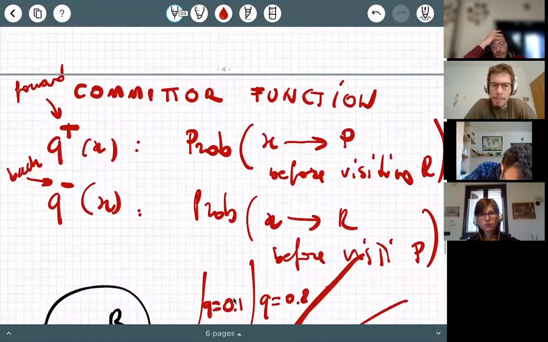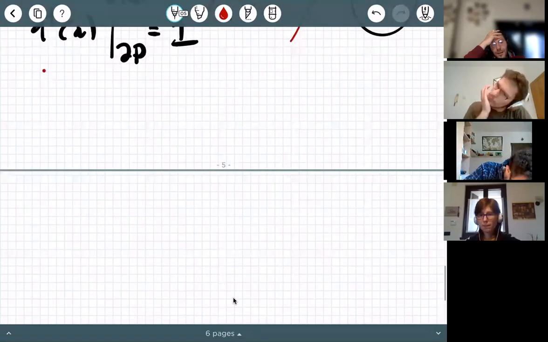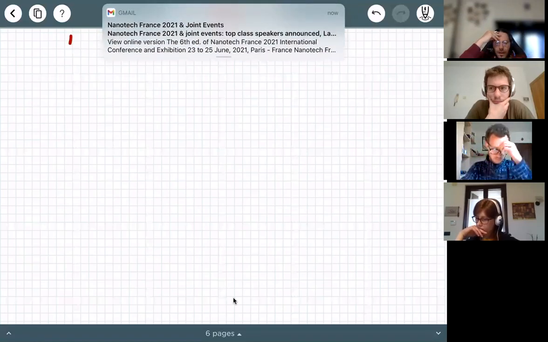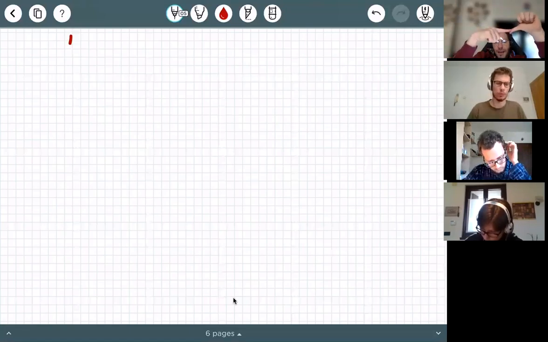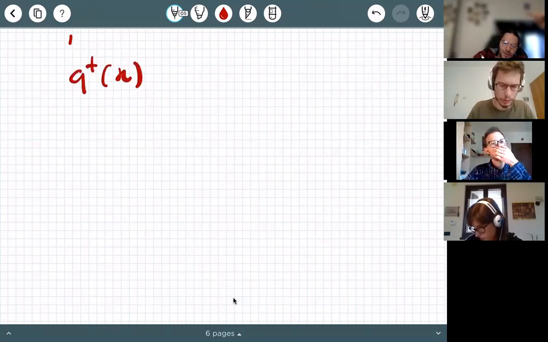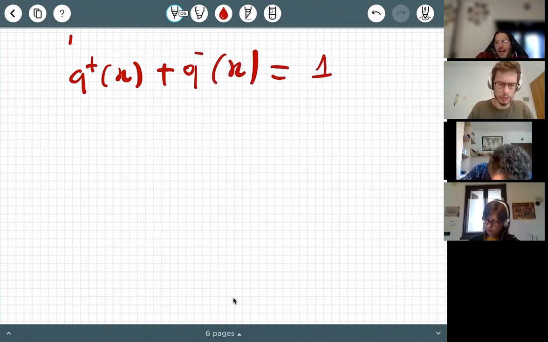Okay. Now, if the system obeys Markovianity and microscopic reversibility, then clearly the probabilities to make it from the two trajectories obey this nice relationship, because either you make it to the reactant first or you make it to the product first.